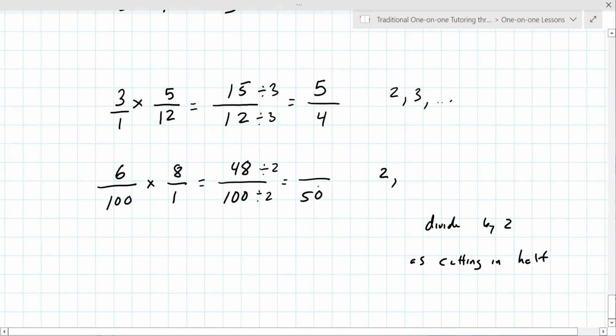How about half of 48? 24. Good. And so you try the number again. Sometimes the number works, so you just try it again. Can you divide both of these by 2? Yes.